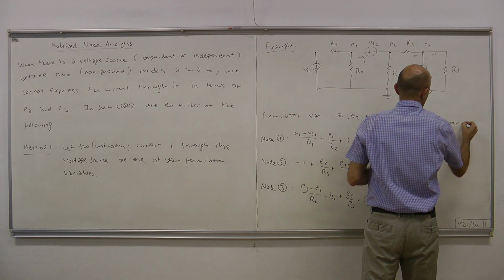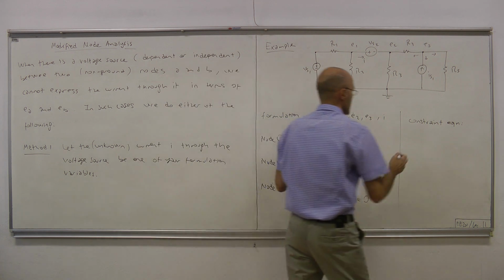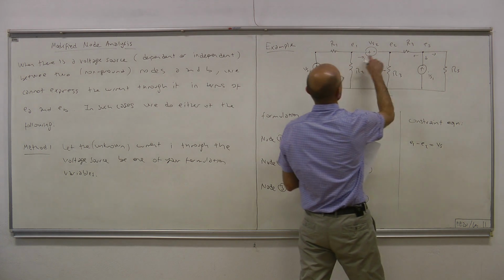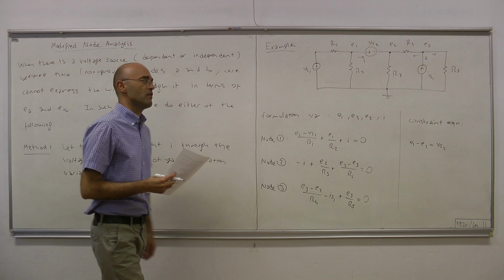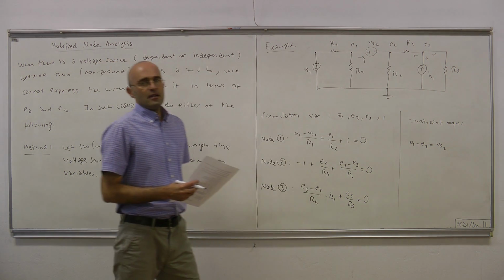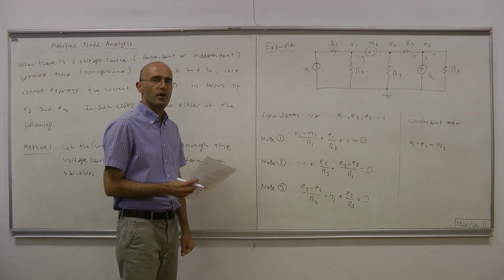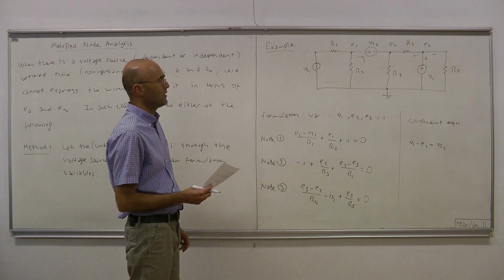So that would be the missing 4th equation, which we call the constraint equation. E1 minus E2 equals Vs2. Note that Vs2 is known because it is the voltage of an independent voltage source. Now we have the right amount of equations. We have 4 equations. Hence, those equations are enough to obtain the answer.